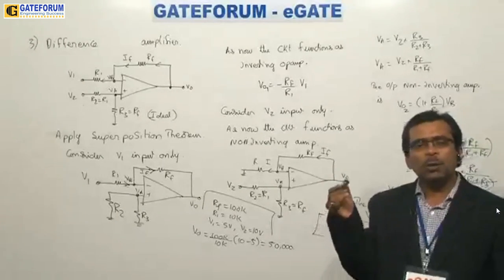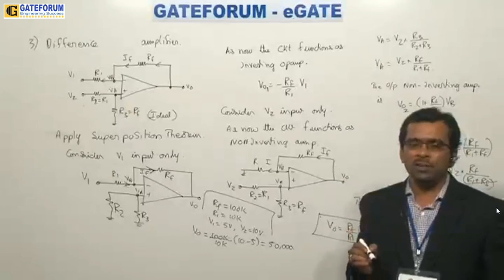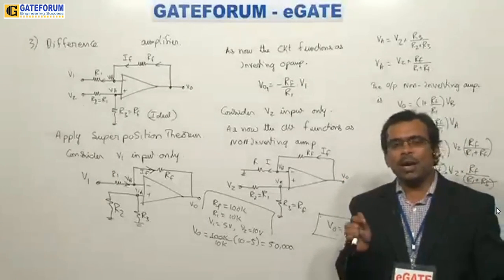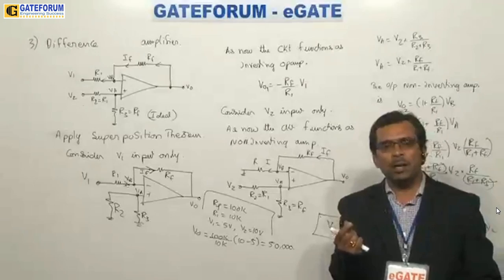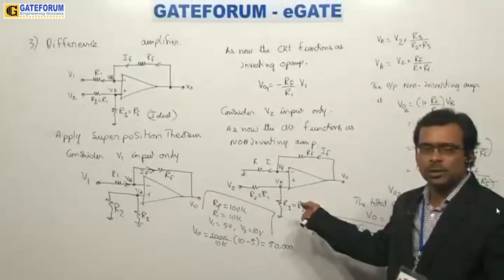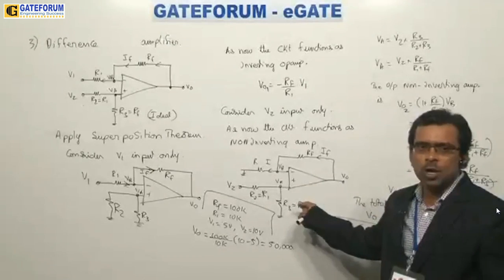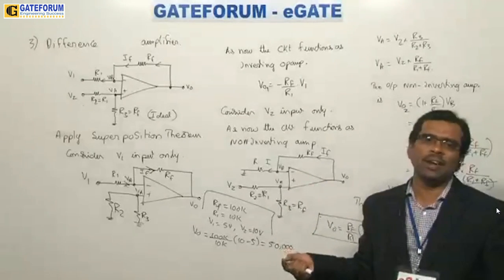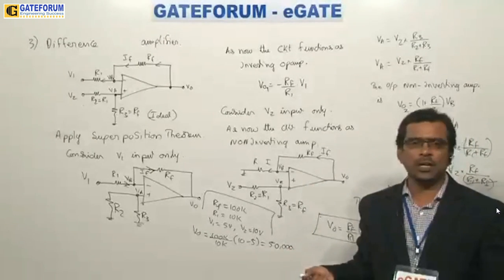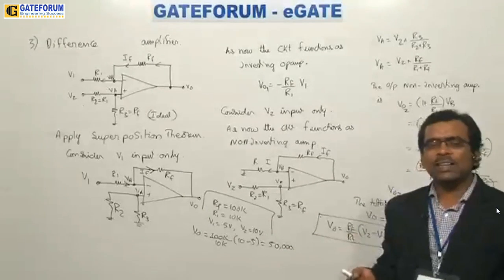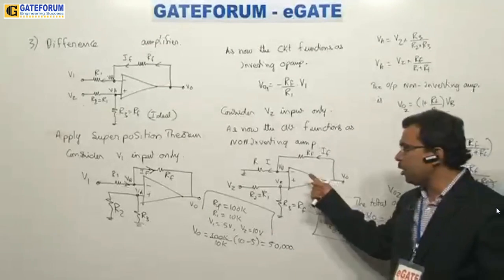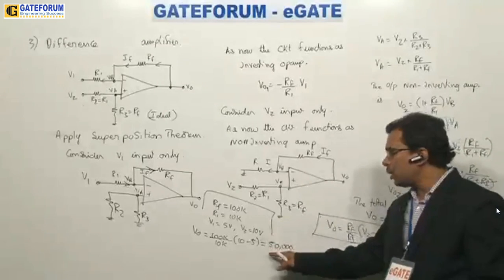Even though you do the fabrication and manufacturing properly, some small errors will creep into the manufacturing process, or due to the transistor beta factors or transistor AC factors, that is HIE, HFE, such kind of things. Due to those errors, we will have some effects on performance.